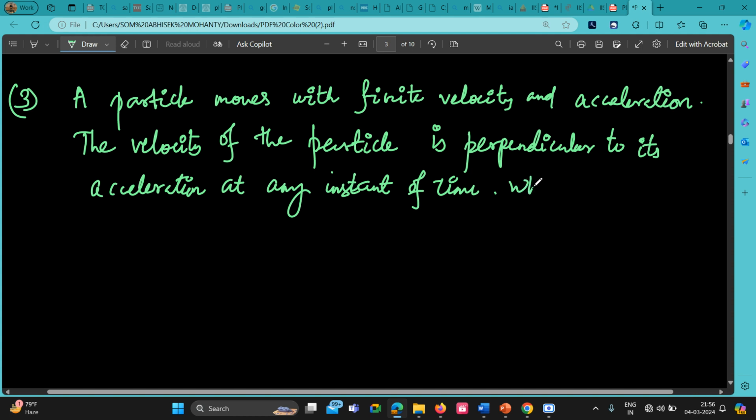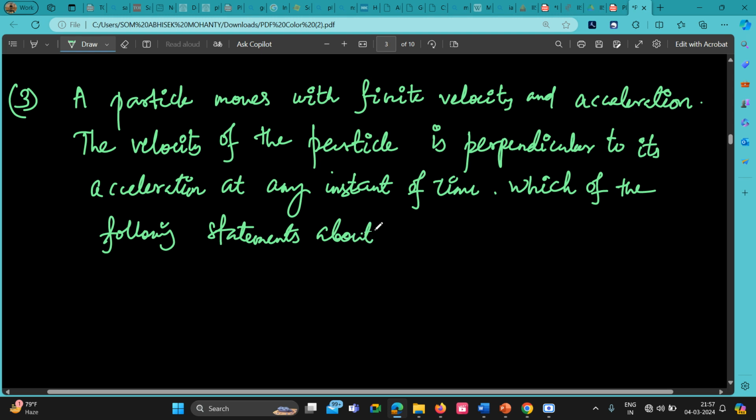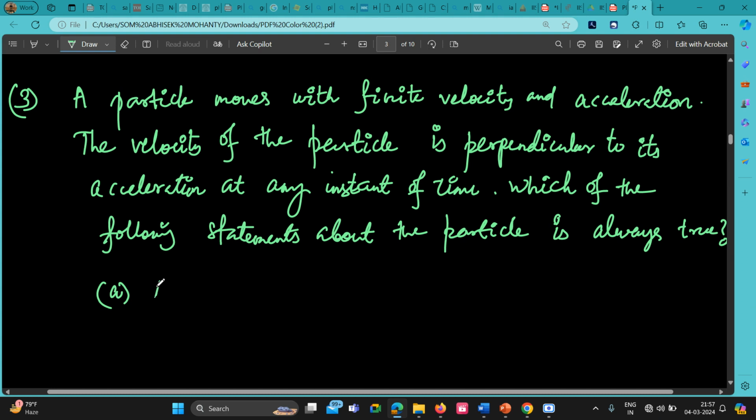Which of the following statements about the particle is always true? Option A, angular momentum is conserved.